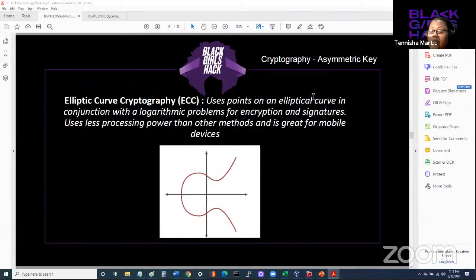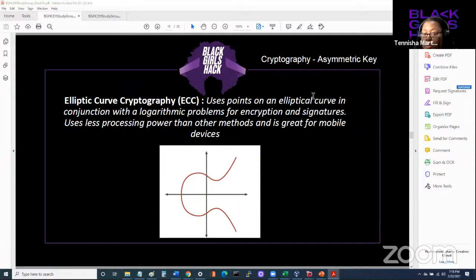All right, so next up is the ECC. This is a type of asymmetric. For the most part, you're not asked a whole bunch about ECC or Diffie-Hellman. You'll see them, but you should just know that they fall on this side of the house. ECC, similar to the way that we talked about the other one having a mathematical relationship, uses different points on an elliptical curve, as shown in the picture, with a logarithmic algorithm.